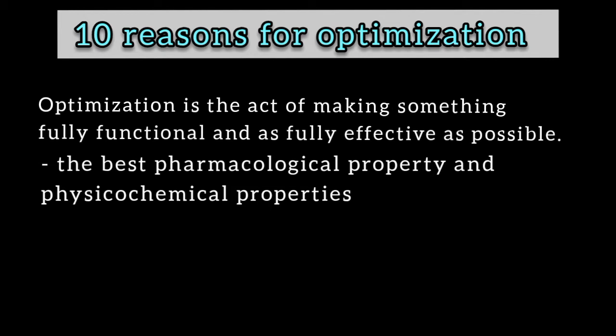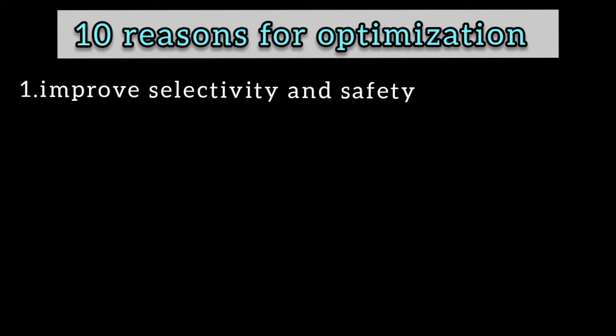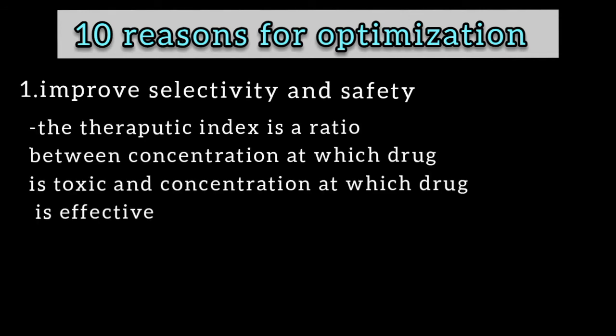The first reason for optimizing a lead molecule is to improve selectivity and safety. Safety in terms of the therapeutic index. Therapeutic index is the ratio which compares the concentration at which a drug is effective and the concentration at which a drug is toxic.